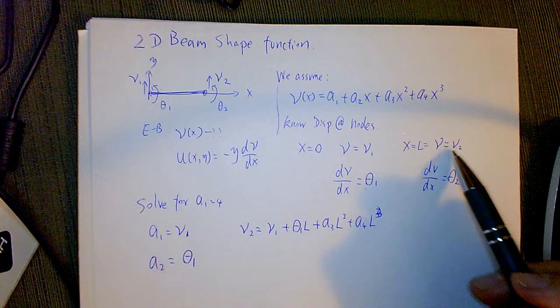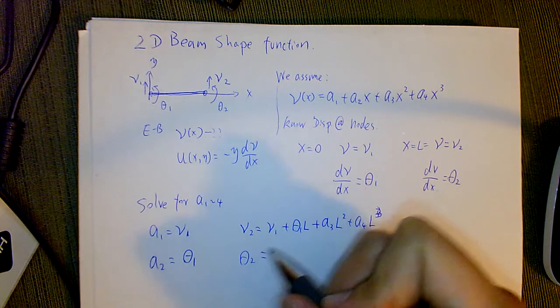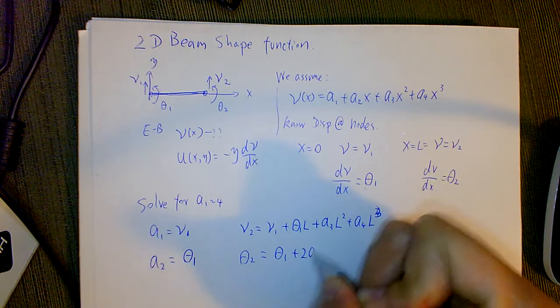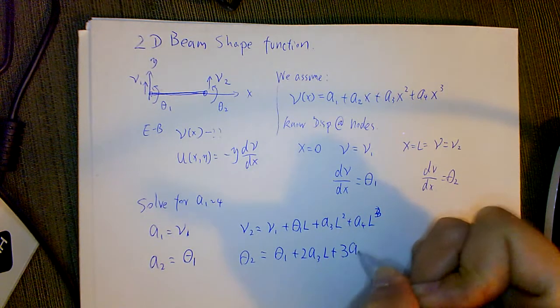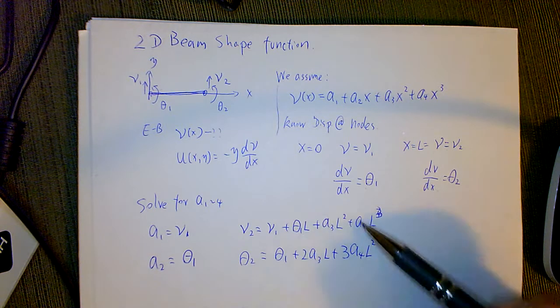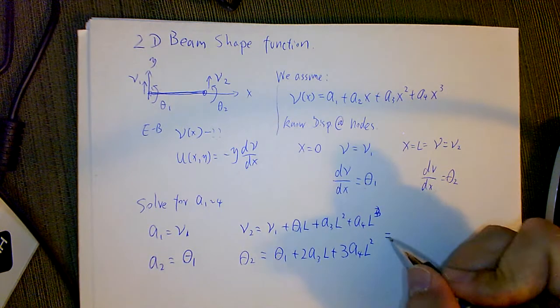Then you get this equation: theta 2 equals theta 1 plus 2 a3 L plus 3 a4 L squared. Two equations, two unknowns. You can solve for them.